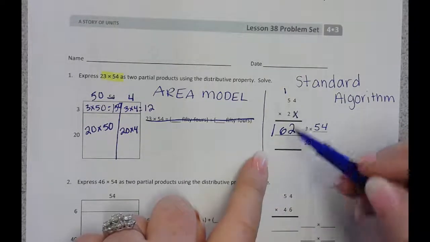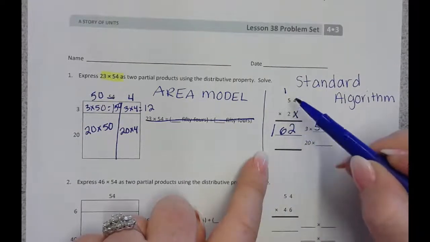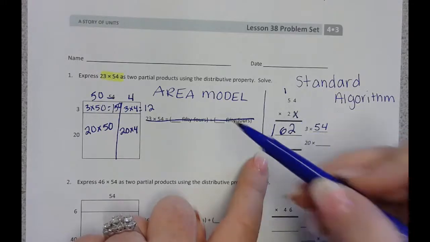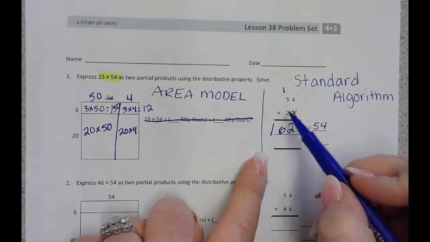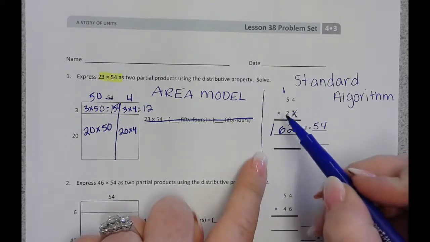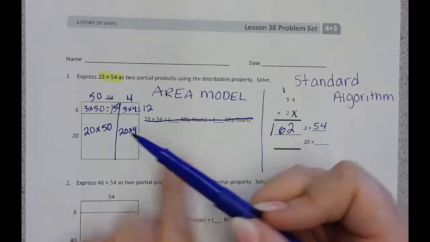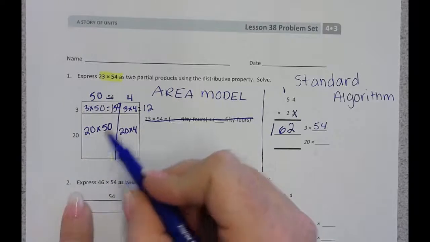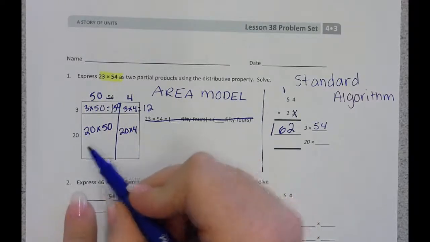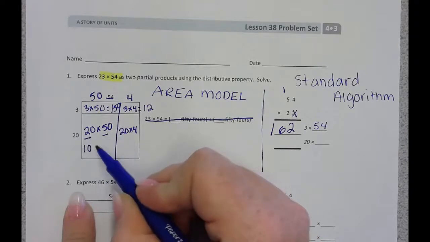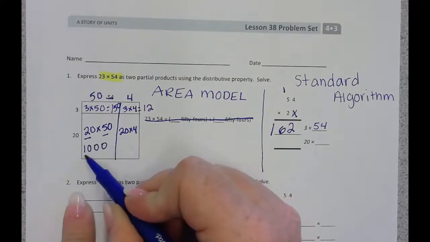Now I have this 2 times 54, but that 2 isn't actually 2, it's in the tens place, so it's 20. So I'm going to have 20 times 4, and then 20 times a 5 in the tens place, so it'll be 20 times 50, and I have both of those over here. So 20 times 50: 2 times 5 is 10, and then I have 2 zeros, so I'm going to need to add 2 more zeros.